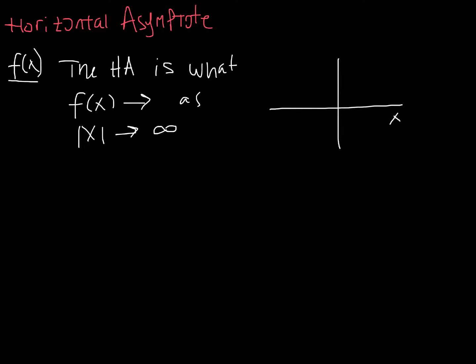Okay? So what that means is as x is getting closer to positive infinity or negative infinity, what does my function f of x get closer and closer to? What does it approach?